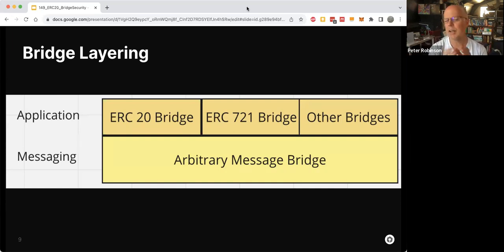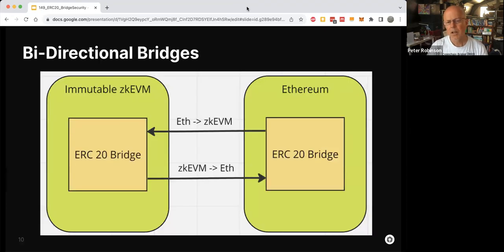The issue there is that if you switch the type of arbitrary message bridge, you're in trouble because you've got this tightly coupled bridge. So you should have a degree of separation. It might cost a little bit more gas, but it'll make up for itself in flexibility when you change that arbitrary message bridge.